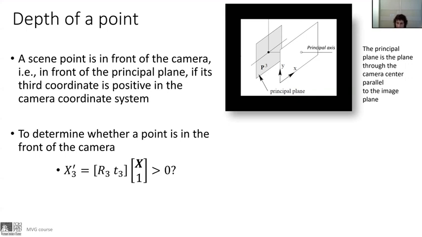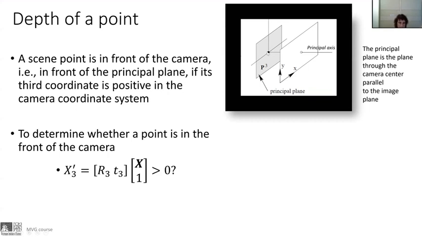So when you have a certain camera, you would like to understand if a 3D point is in front of the camera or behind the camera. What is in front of the camera? It means that the point is in front of the principal plane of the camera. This is the principal plane, z equal to 0.